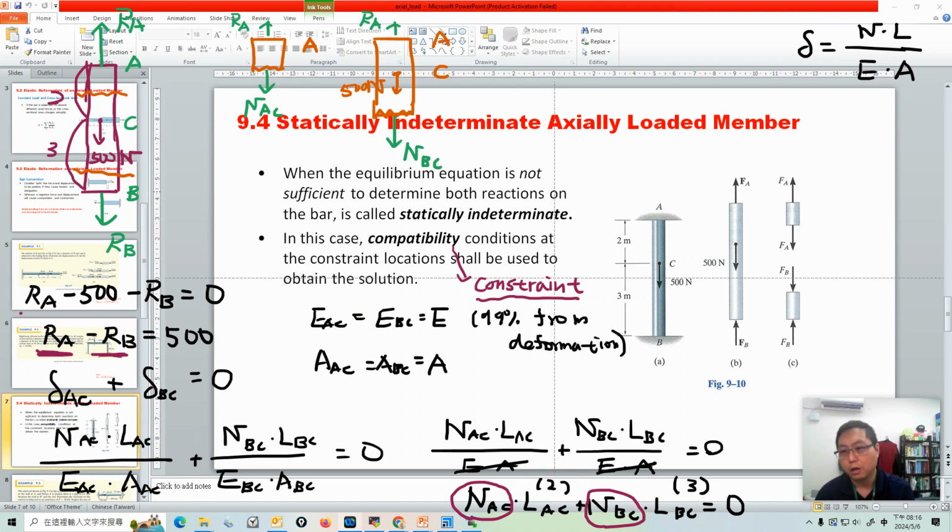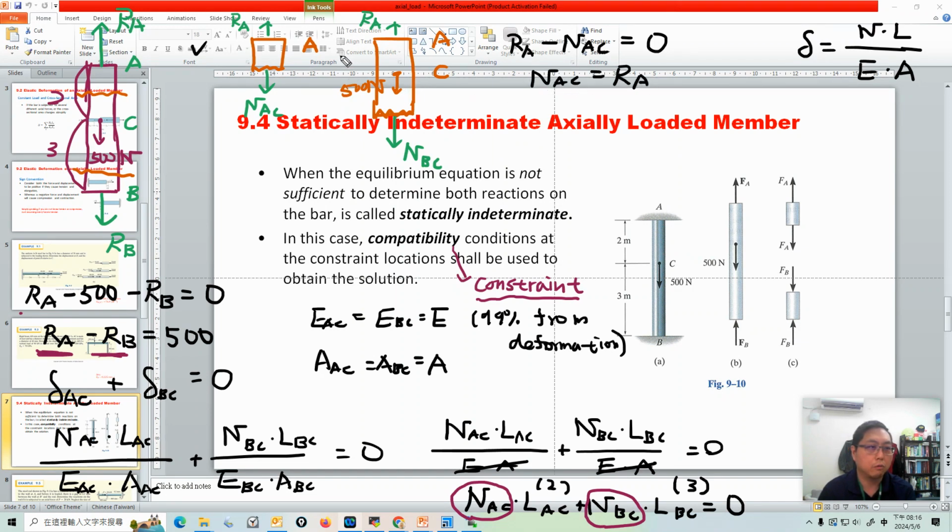Okay, how? Let's start with this one first. We have RA pointing up, so RA minus NAC is equal to 0. So NAC is equal to RA. That's the first one.